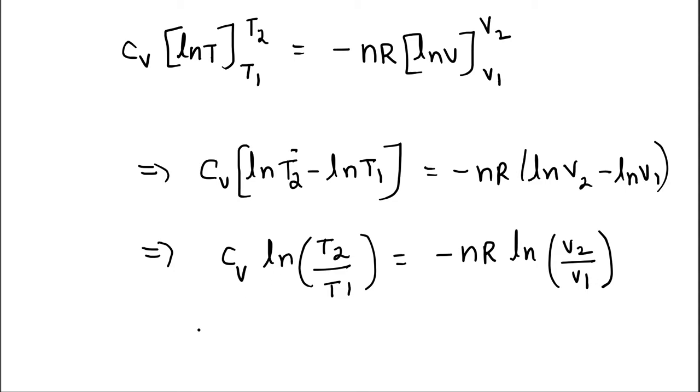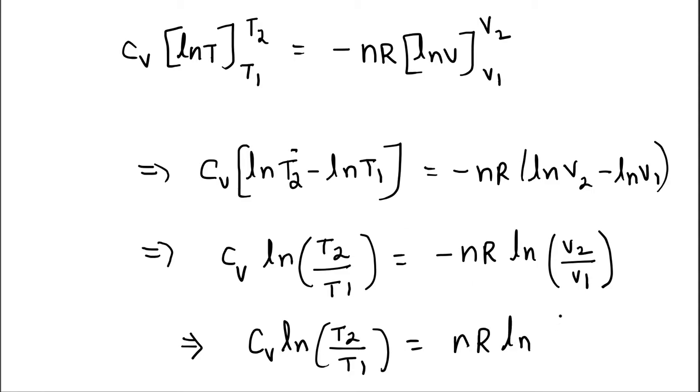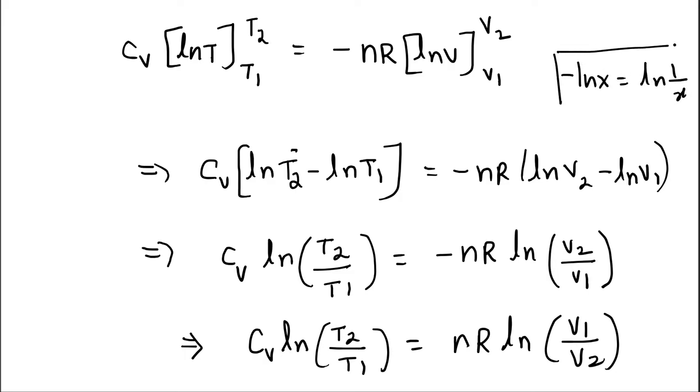Okay, now if I bring the negative inside the ln, CV ln T2 over T1 equals nR times ln V1 over V2. Why? Negative ln x is equal to ln 1 over x. So negative ln V2 over V1 equals ln V1 over V2. The numerator becomes the denominator, the denominator becomes the numerator.